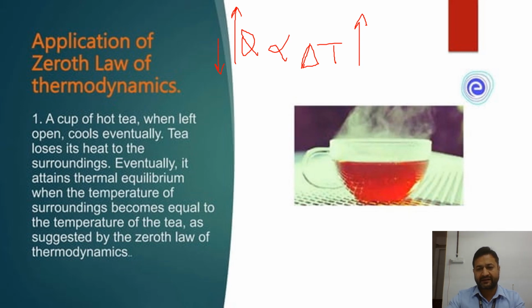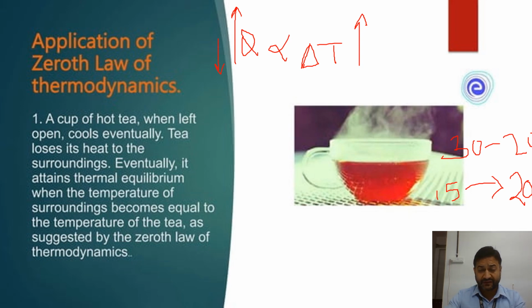So the cup of tea is releasing heat, which means the temperature of this cup of tea is going to decrease from, suppose, 30 to 20. In the same manner, the surrounding temperature, let it be around 15, is going to gain heat and attain, suppose, approximately 20 degrees.